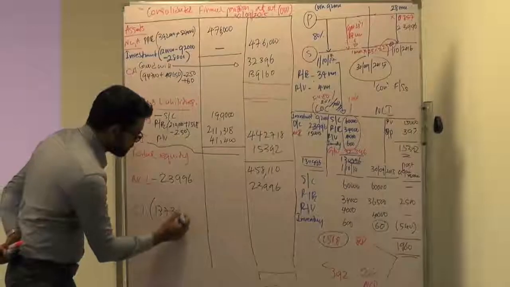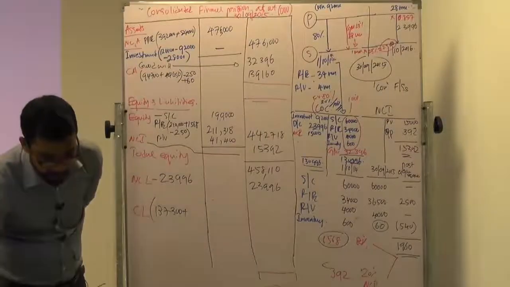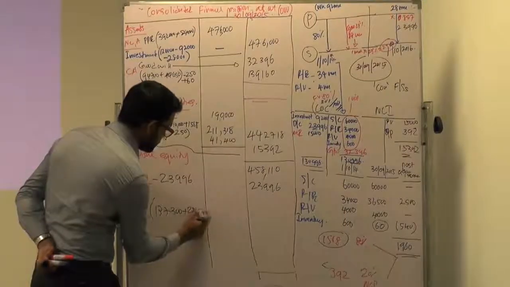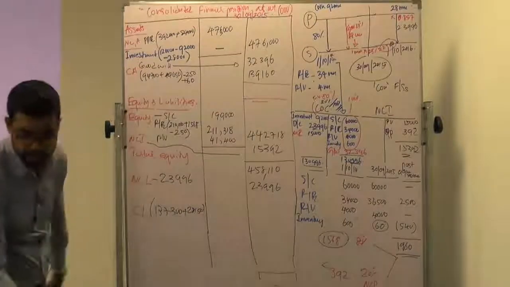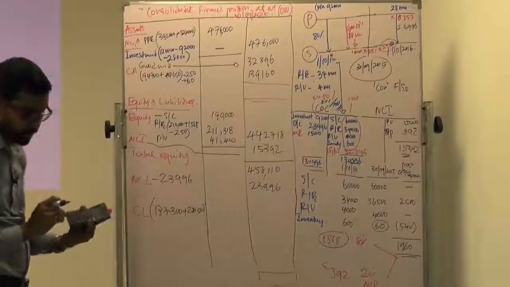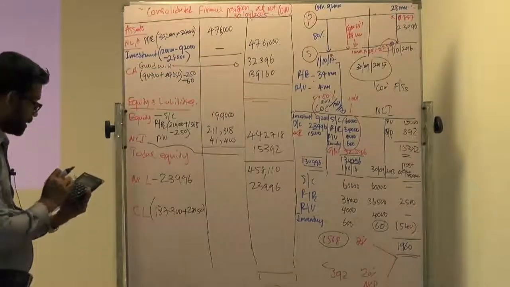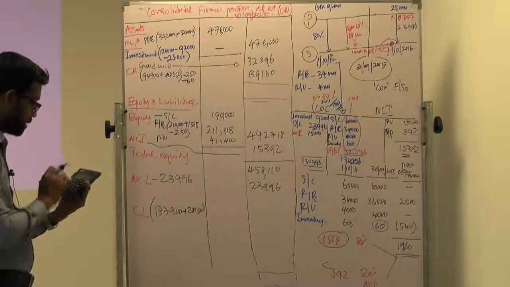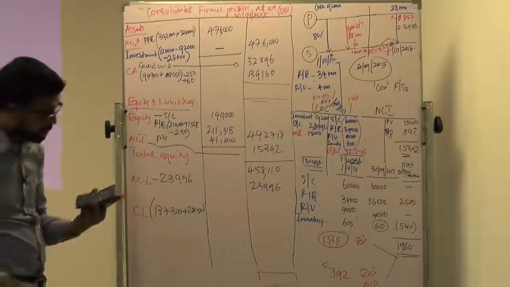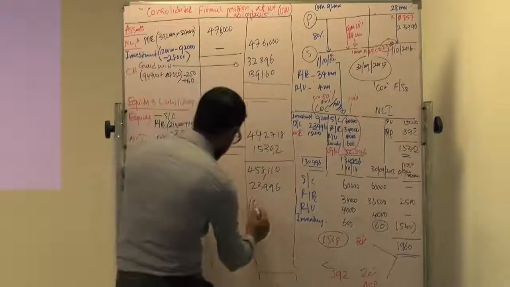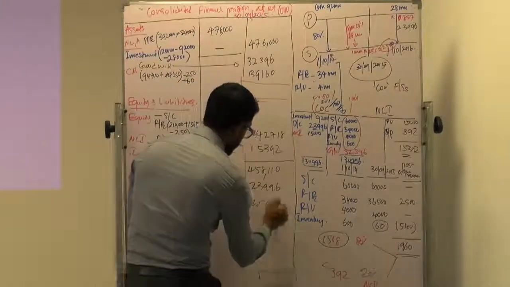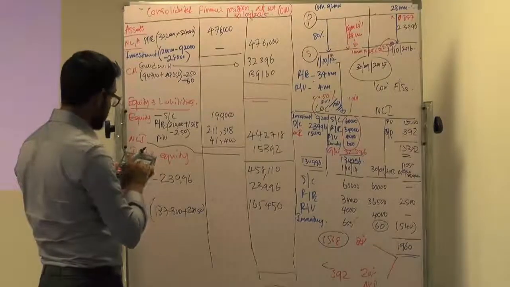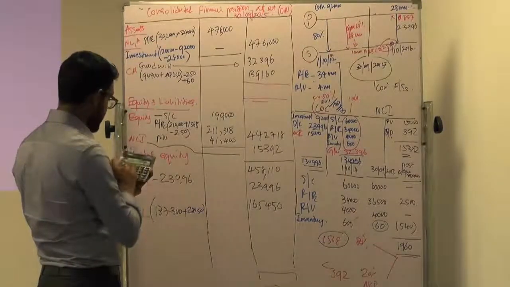137,300 plus 28,150. Right? Add these two together. 137,300 plus 28,150, 165,450. 165,450 plus 23,996 plus 458,110.